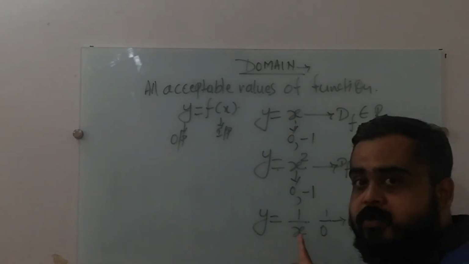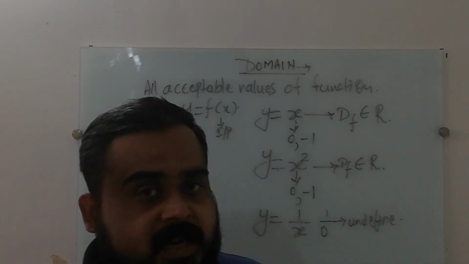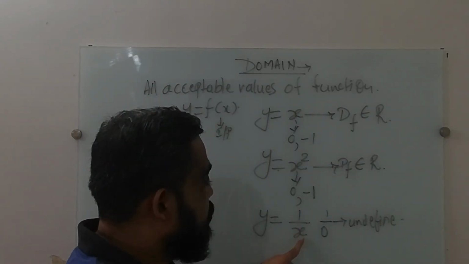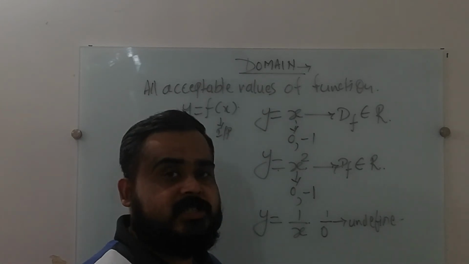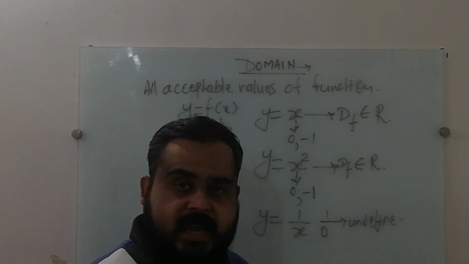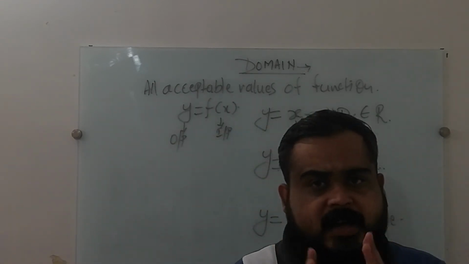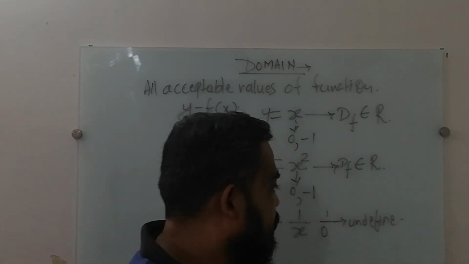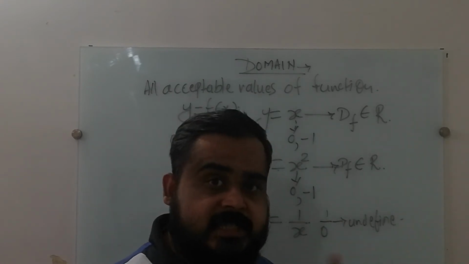So x equal to 0 is not acceptable. Other than x equal to 0, if you substitute any value on the real number scale, you will find that y obtains a defined value. So other than 0, every value is acceptable.